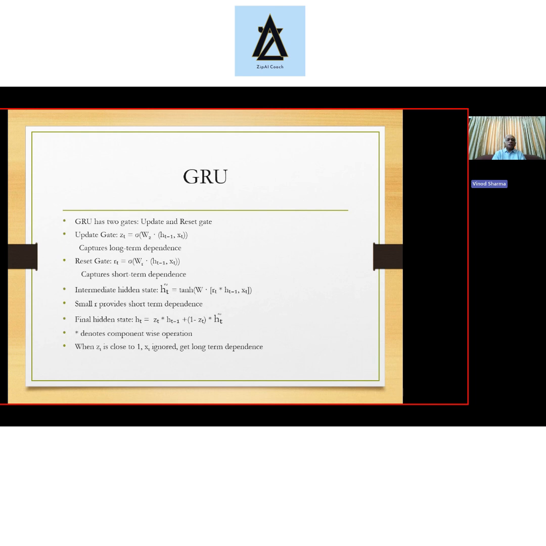However, in h_t, we have z_t star h_{t-1} and h_t tilde as well. Now, if z_t is close to 1, then the contribution from h_t tilde is less, and therefore the contribution from x_t is less, and there will be more contribution from the previous state h_{t-1}. This represents long-term dependence.